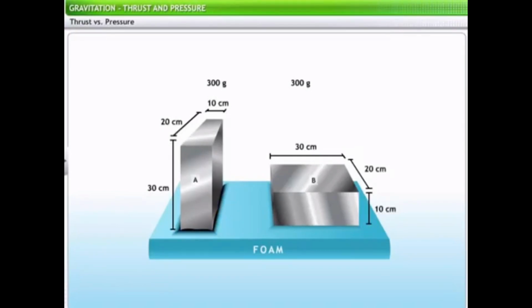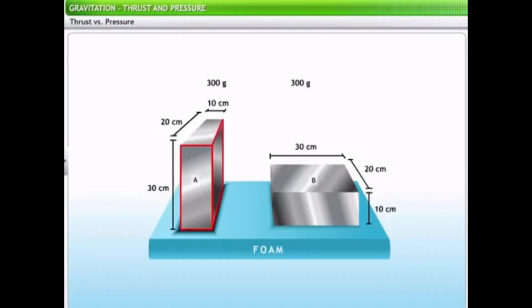Considering that both the blocks have the same length, breadth, height and weight, why do you think we see this difference in the compression of foam? This difference can be attributed to the difference in pressure exerted by each block.